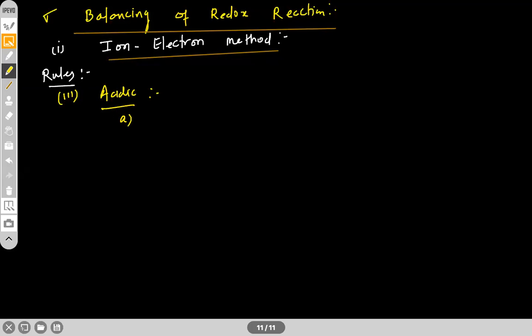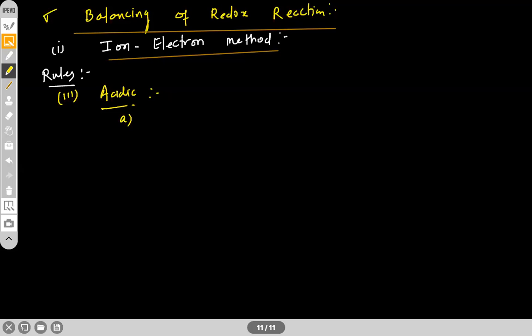Under this third point, you write down acidic and then point A. Oxygen atom is balanced by adding water molecule on the oxygen deficient side.